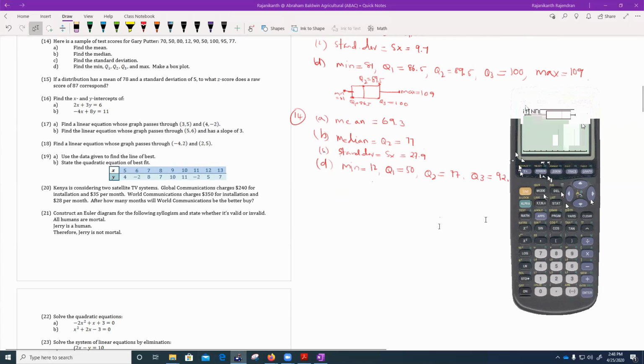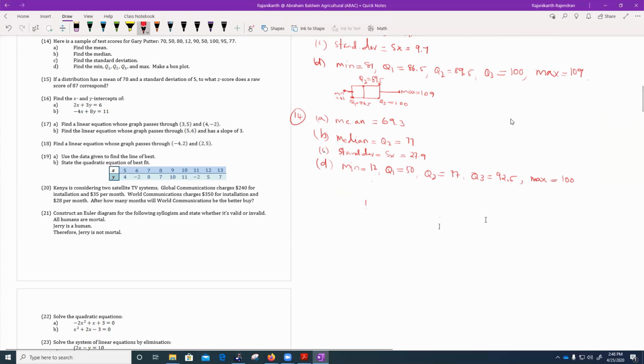Now this left side is a little bit lengthier than the right side. Now this is my minimum point, so the minimum is 12. This is my Q1, I got 50.